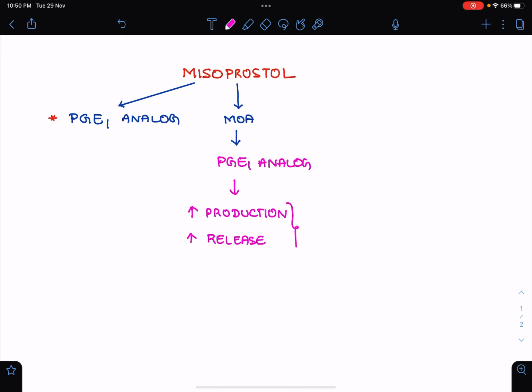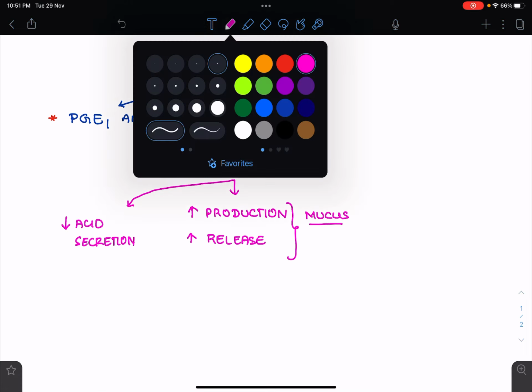It is going to increase the production and release of the mucus, thereby it is going to decrease what? Acid secretion.